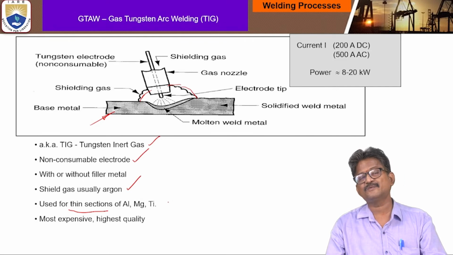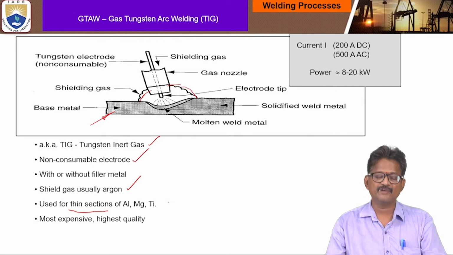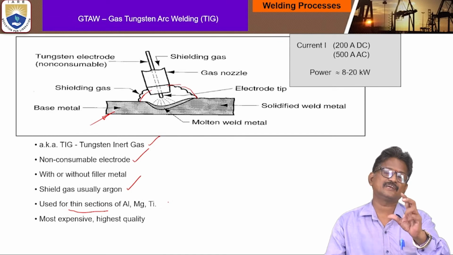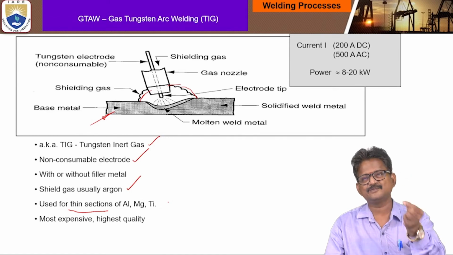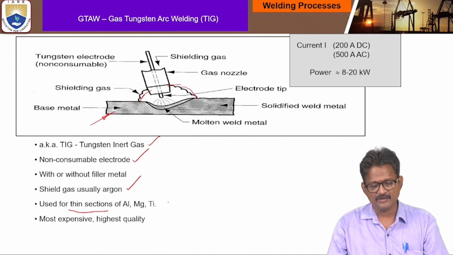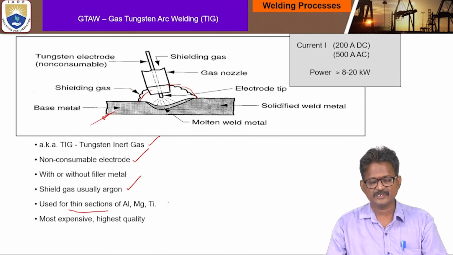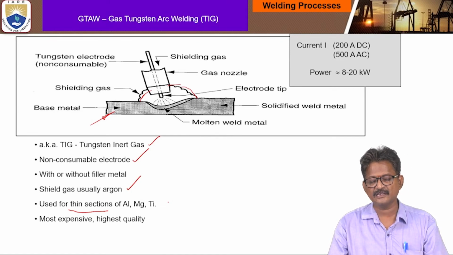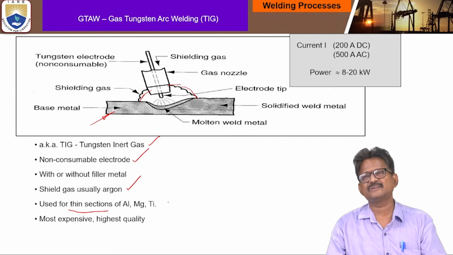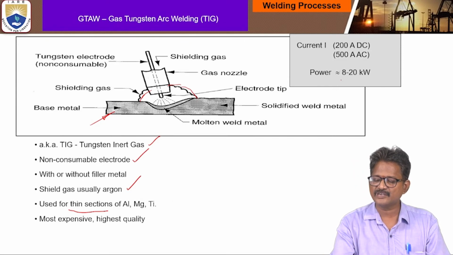Of all these welding processes, the highest quality can be achieved in gas tungsten arc welding, because with high quality metals we can obtain better quality welding. Another important point is the power requirement, 8 to 20 kilowatts.